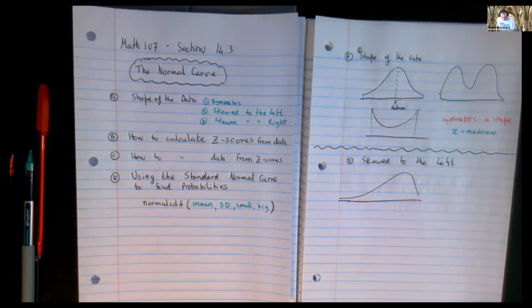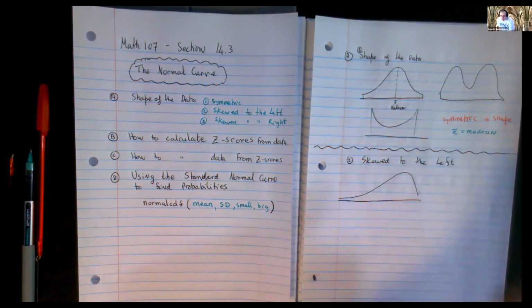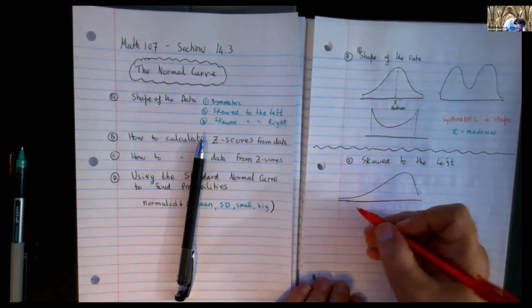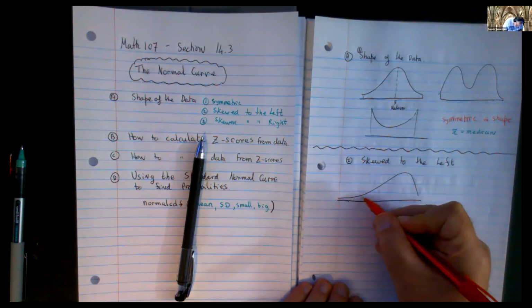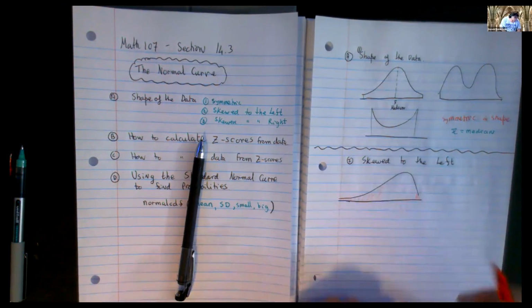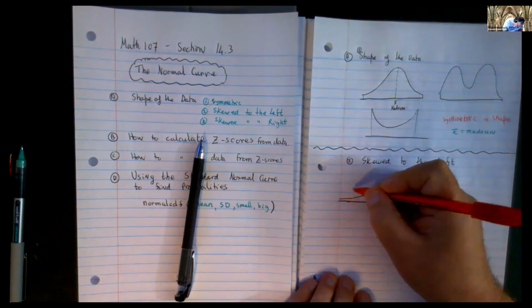It typically has one hill, although it can have more than one hill. But what's the main feature? The main feature is that this side here is a lot longer than this side here. And this actually is called the tail.